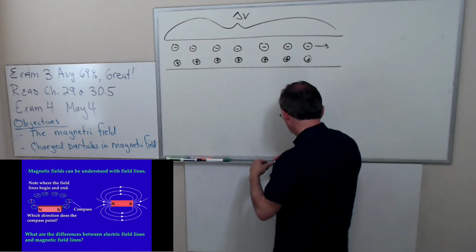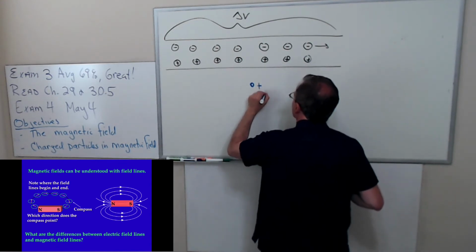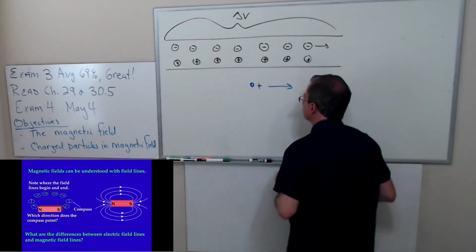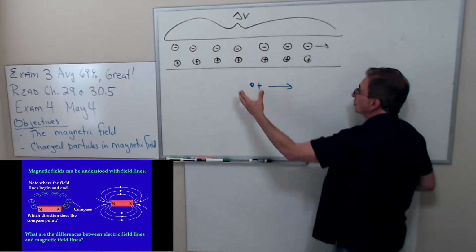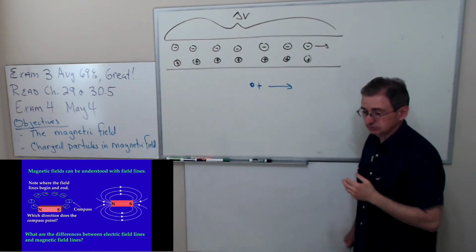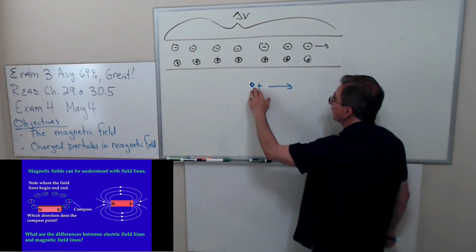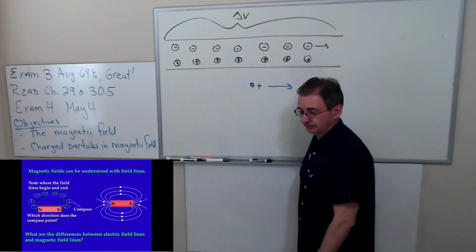Yeah. So let me put a positive charge here. And let's move it this way. Positive charge moves that way. It sees this neutral wire. It experiences no force, correct? Right. Now let's go in the reference frame of the positive charge.